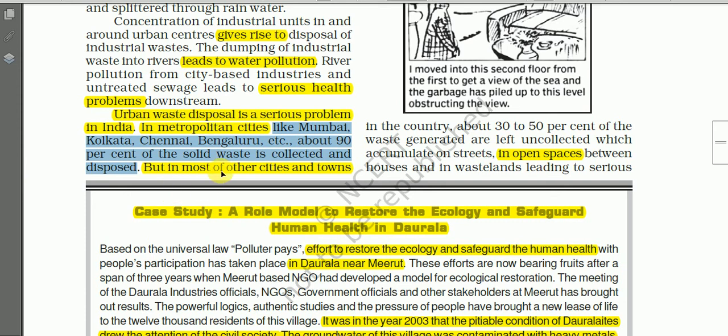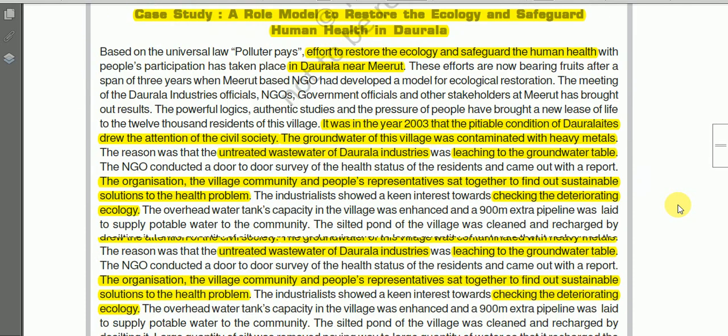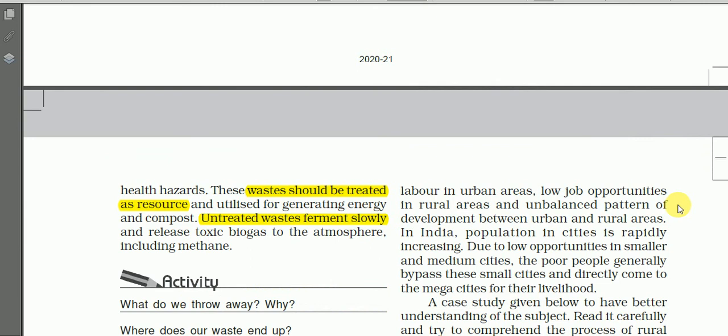But in most of the other cities and towns in India, about 30 to 50% of the waste generated is left uncollected, which accumulates on the street, as you have seen in the photographs, in the open spaces between houses, and in the wastelands, leading to serious health hazards.